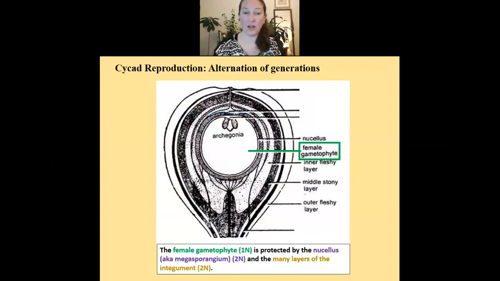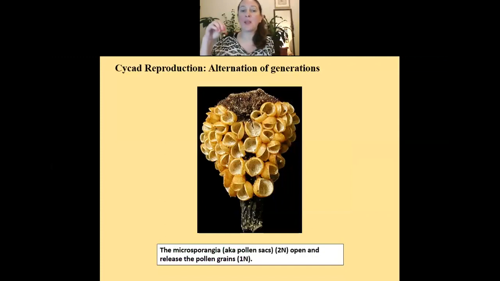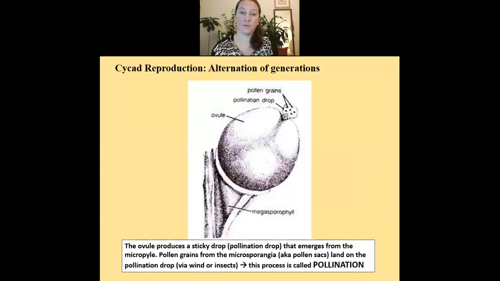And what's going to happen is on another cycad plant, the male cycad plant, the Microsporangia, aka pollen sacs, are going to open and release pollen grains out into the wind. And the pollen grain, if it's lucky, will land on an ovule.